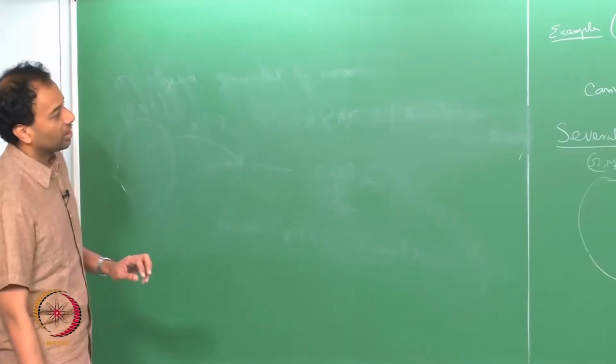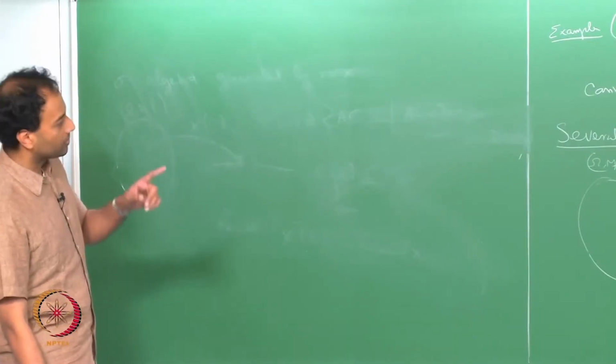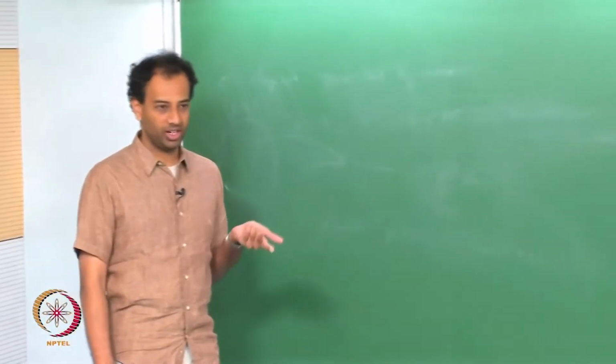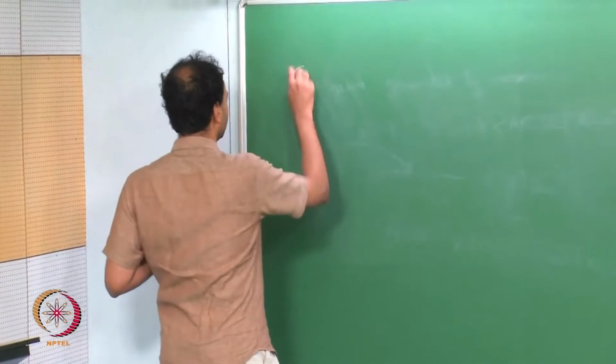So, in particular, I know that the Borel sigma algebra on R2 is generated by semi-infinite rectangles.